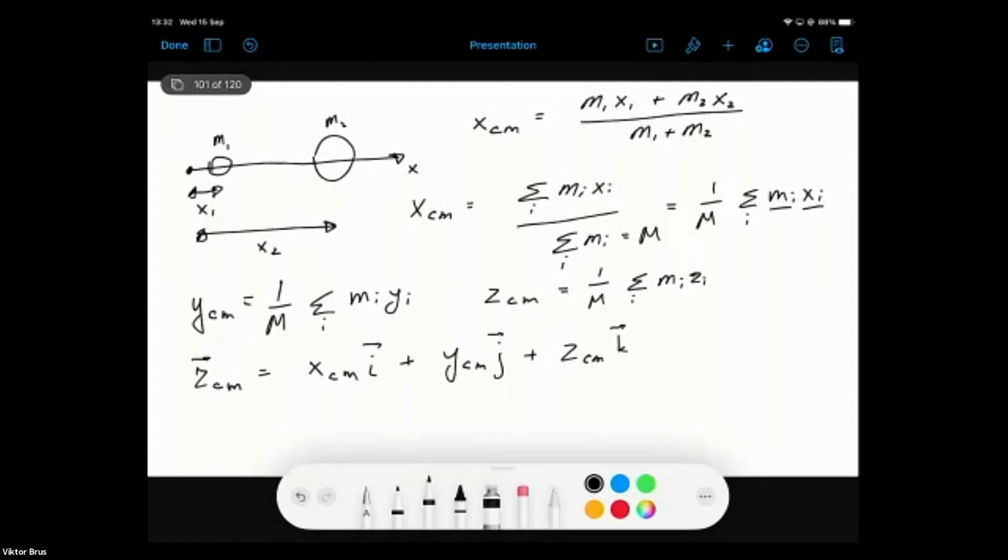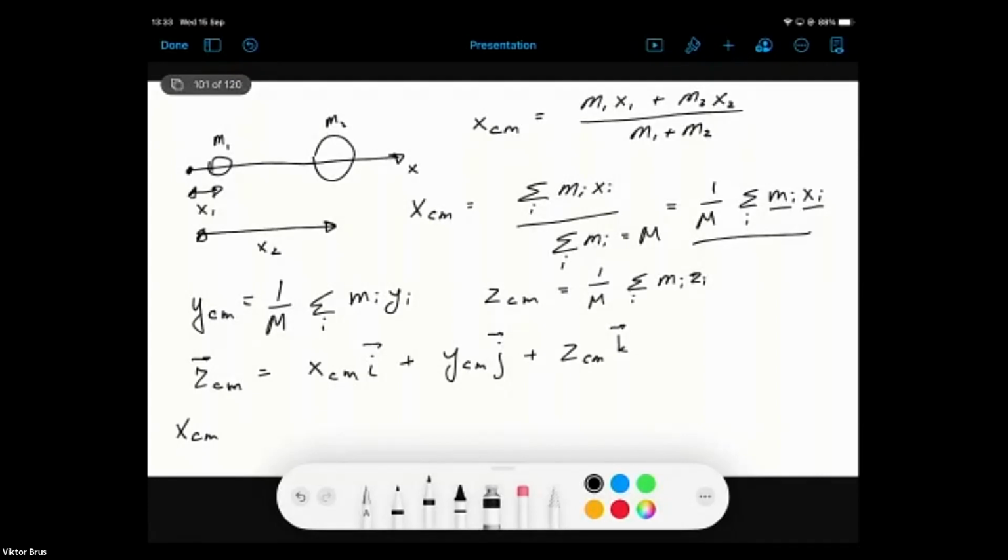In that case, we need to divide this continuous body into very small pieces, with small masses which approach zero. The smaller the parts we pick, the better. And then we repeat the same approach, but in the limit that this delta m, this small mass, approaches zero.